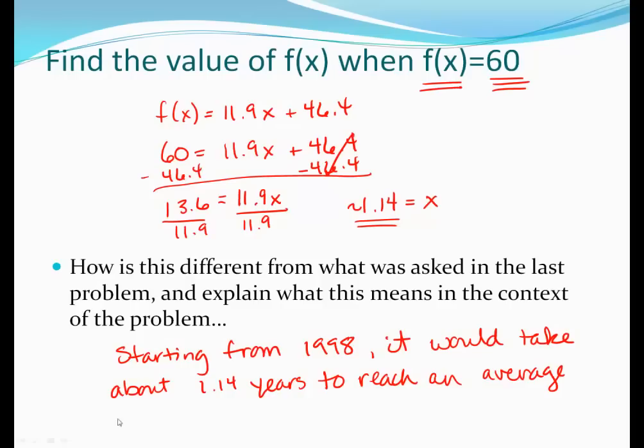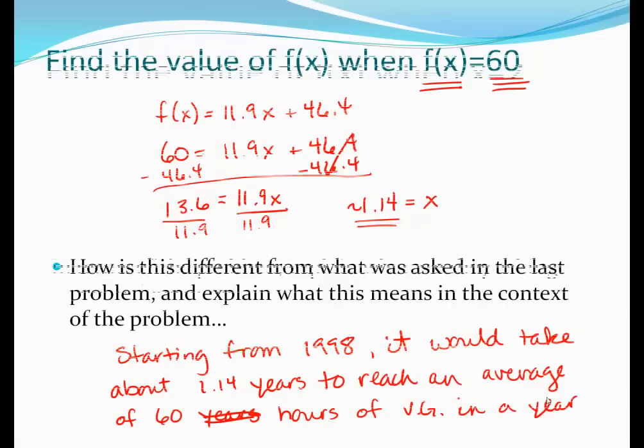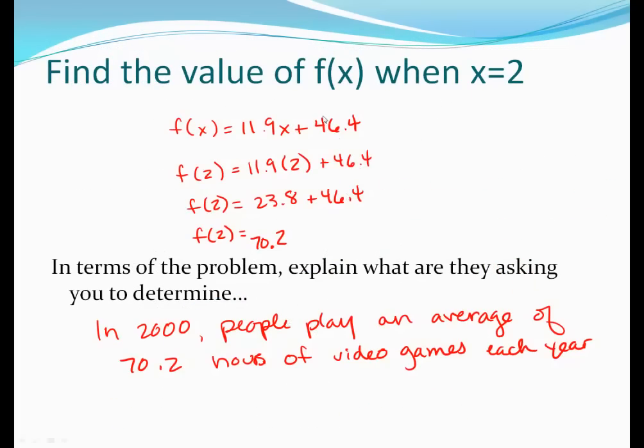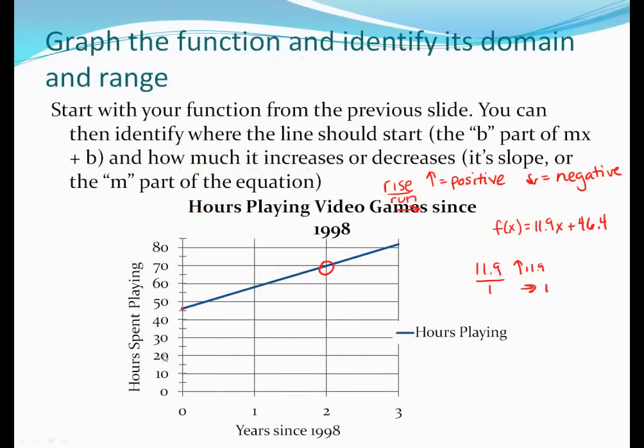So basically, before we were being asked for the range. In this equation, f of 2 equals 70.2, and that corresponded to our y-axis.